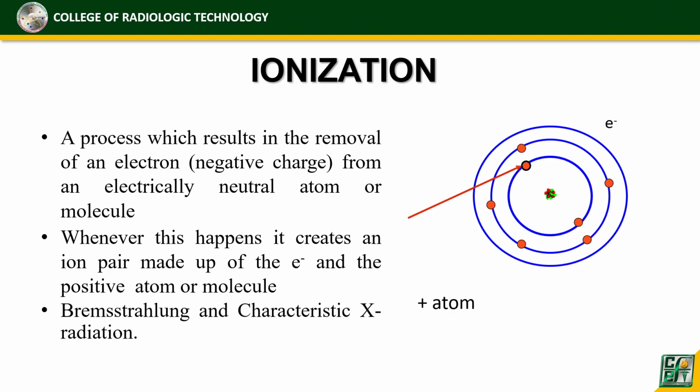Unlike ionization, okay? The projectile electron has sufficient energy to eject the inner shell electron and thus produces radiation as a product. So the product of ionization is either Bremsstrahlung or characteristic radiation. So merong ejection of X-ray photons.